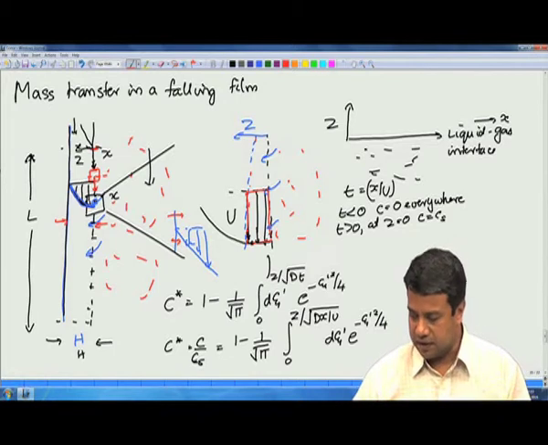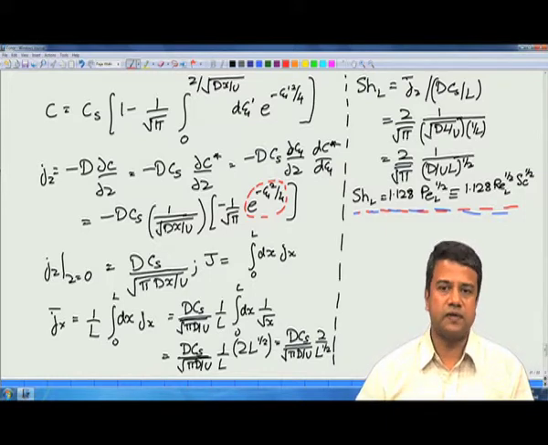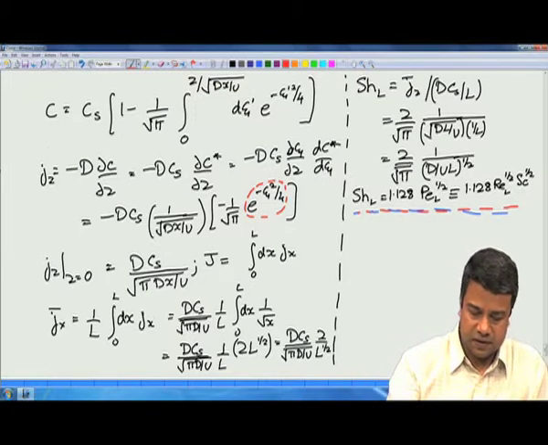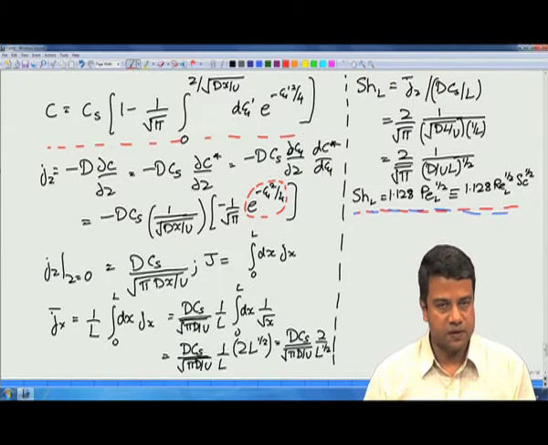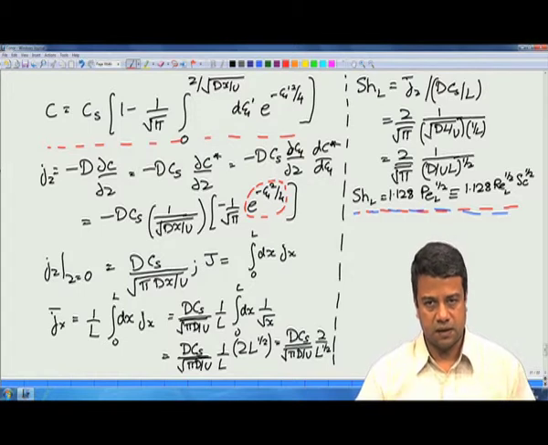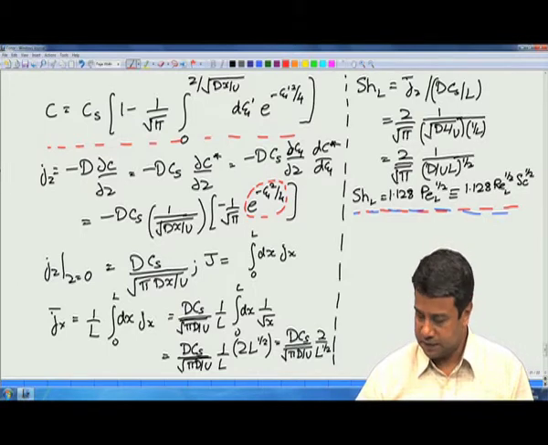Based upon this analogy, time is just equal to the distance moved divided by the velocity, and I wrote down an analogous equation for the concentration field. Based upon that you can calculate the flux, integrate the flux over the height and divide by the length of the film to get the average flux, and from that average flux the Sherwood number, and we got the correlation.